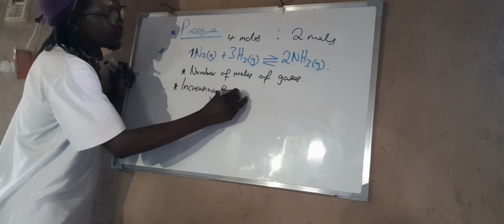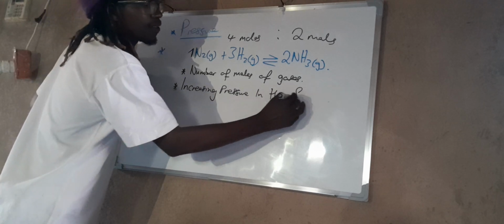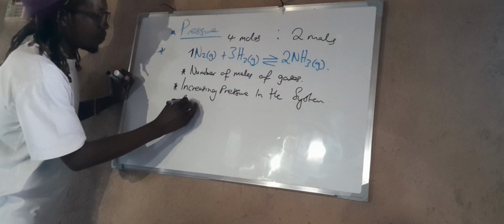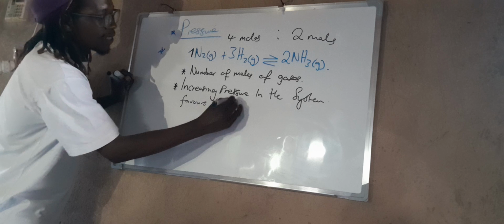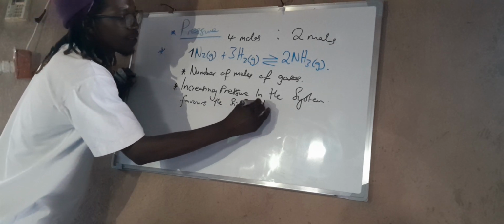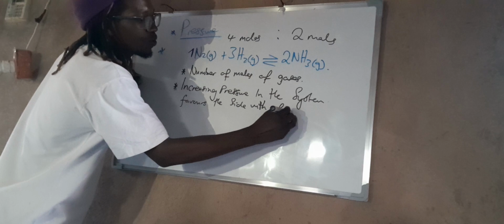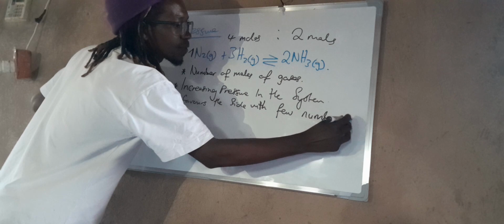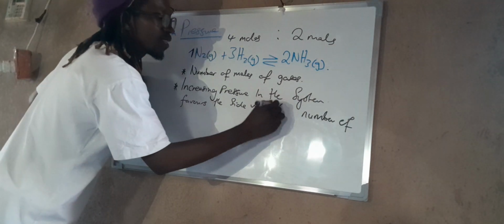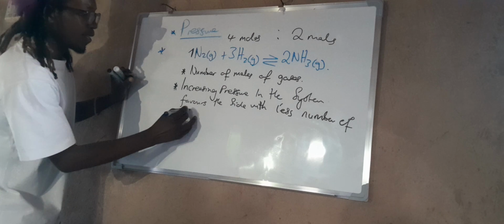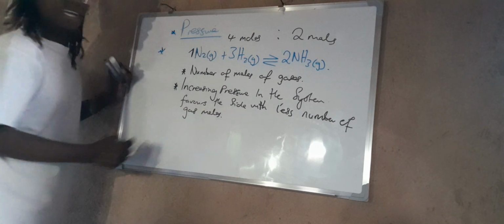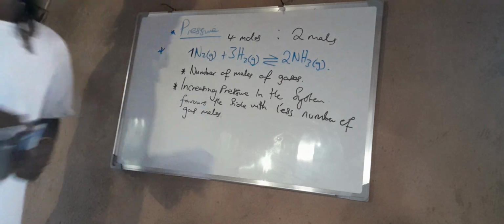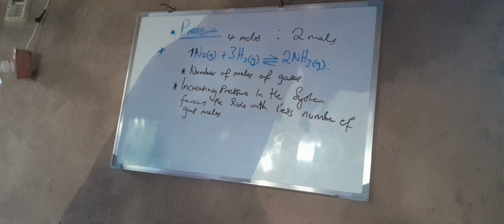Increasing pressure in the system favors the side with fewer moles. That's when we've increased the pressure, it favors the side with what? Less number of moles, with less number of gas moles, right?